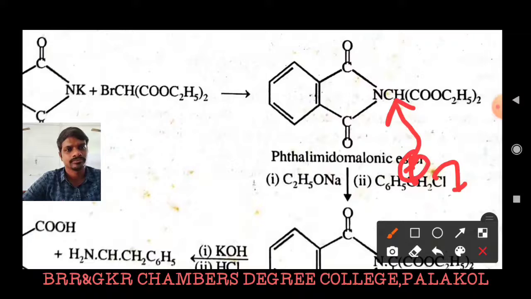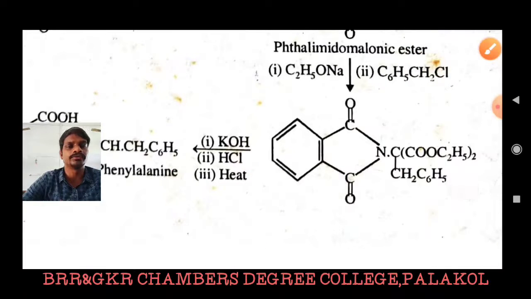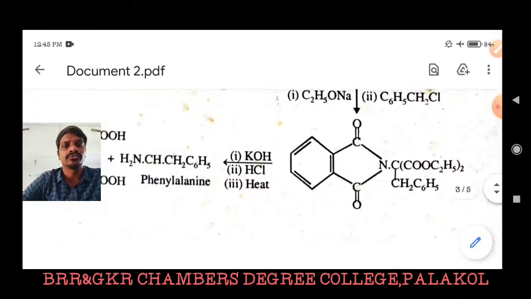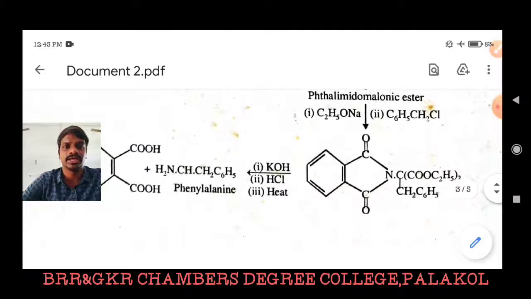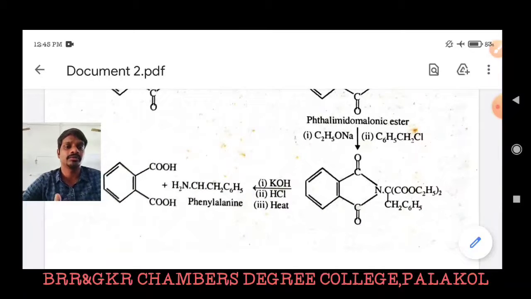Then it produces a benzyl substituted phthalimide derivative. Now on hydrolysis, we can get phenylalanine. So this is the preparation method for phenylalanine, students, along with phthalic acid as a side product.